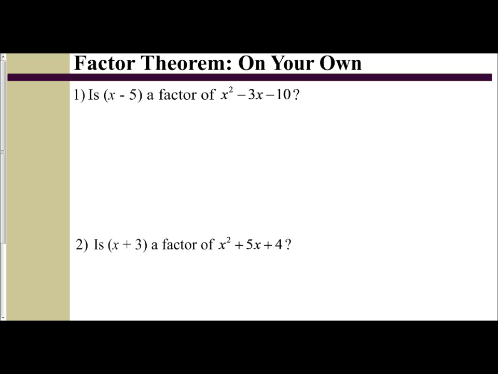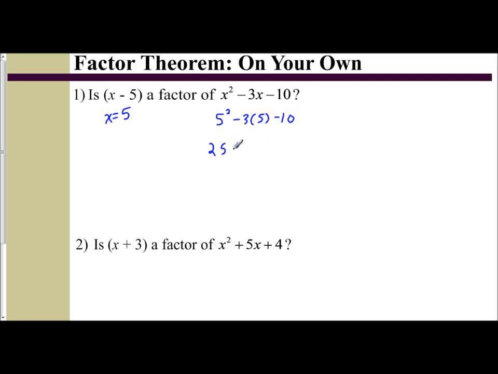So for number 1, is x minus 5 a factor of x squared minus 3x minus 10? So first thing is look at what the solution to the binomial is. That's x equals 5. And that's what I'm going to plug into my function. So I have x squared, so 5 squared, minus 3x, so minus 3 times 5, minus 10.